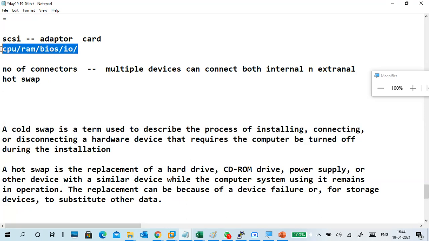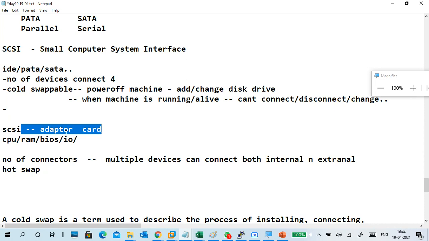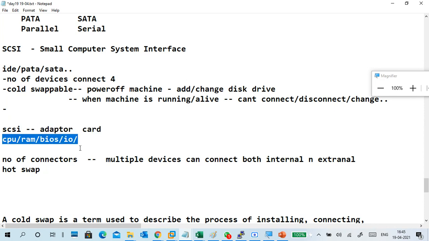And next, SCSI has its own RAM and BIOS, so there is no CPU burden. This adapter has computer-like properties, like a graphic card.